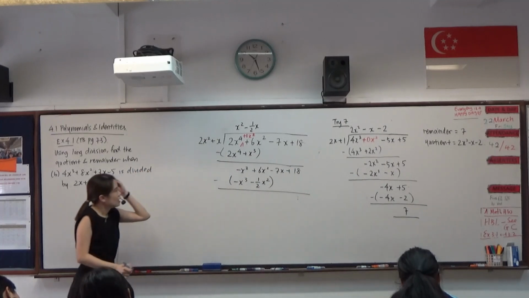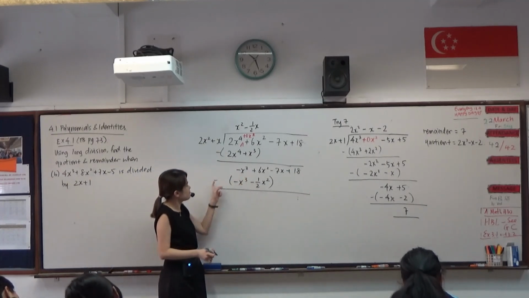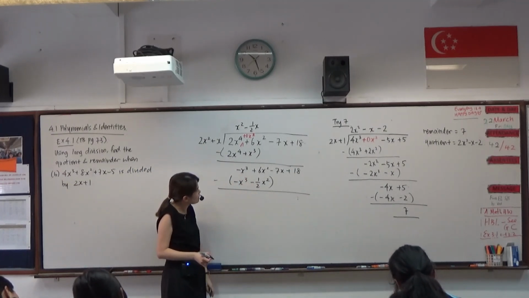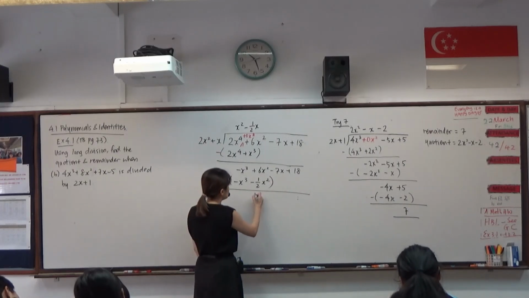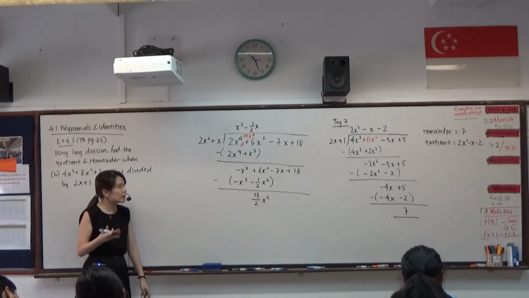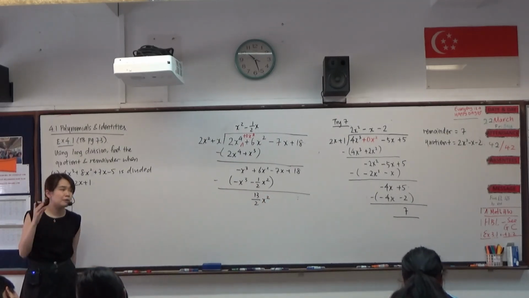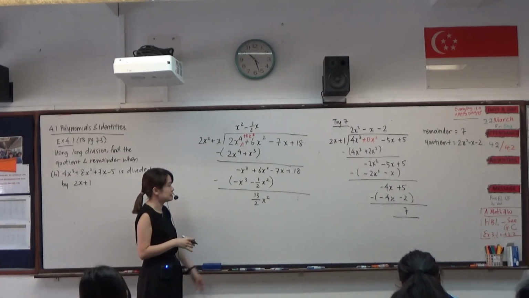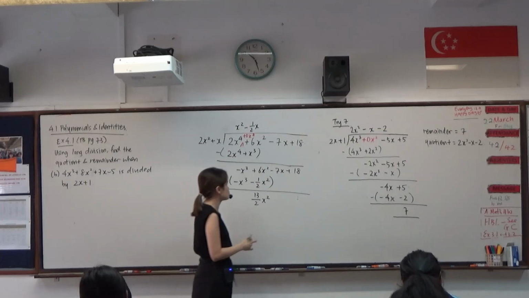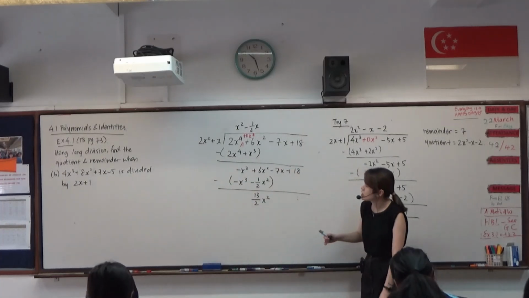Now 6 minus away negative half gives us 6 and a half, which is 13 over 2 x squared. I prefer to write my coefficients as improper fractions rather than mixed numbers, just a convention.